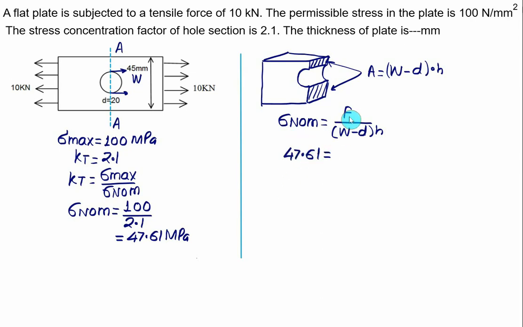Force is equal to 10 kilonewton, that is 10 into 10 to the power 3, and the whole thing is divided by the width, that is 45, minus the circular hole of diameter equal to 20, multiplied by h. Solving this equation, we get the thickness h is close to 8.4 mm.